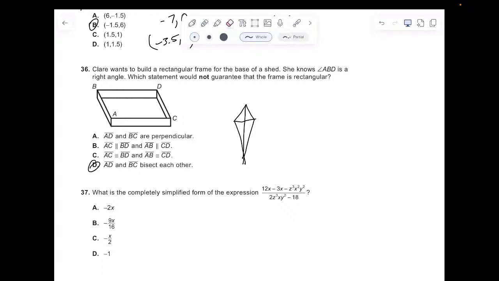Oh, well, actually, that is true. Just kidding. Oh, wait, what if you had... Ah, yeah, that's not rectangular. Okay, cool. Yeah, if you had just some parallelogram.